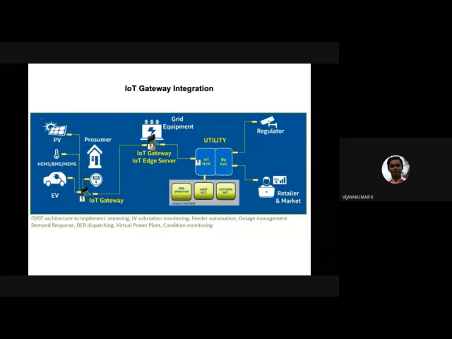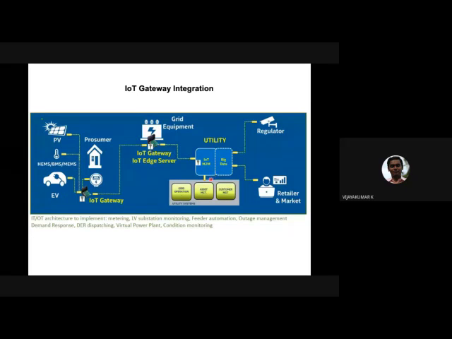These are the gateway integrations in the smarter grid. On the consumer side, we have IoT gateways, and on the distribution side, we have the server. That server can communicate with the utility side main servers, so it's a both-way communication.